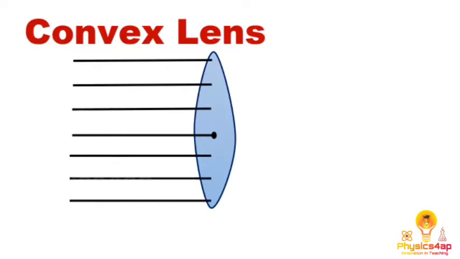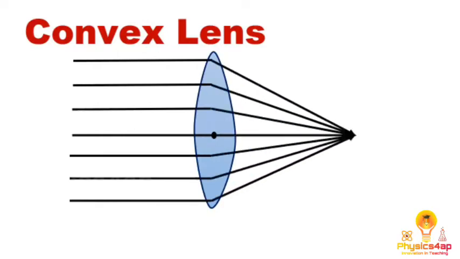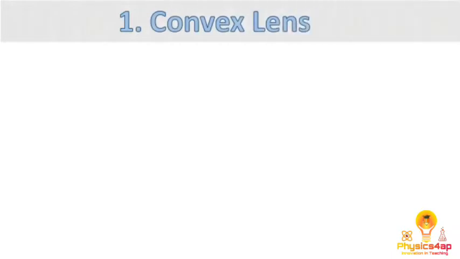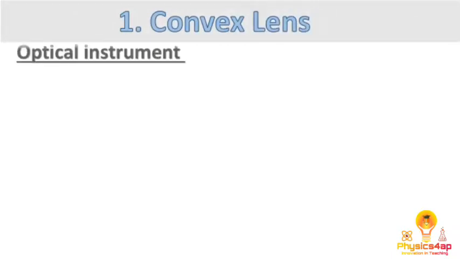When a parallel beam of light passes through a convex lens, it converges and meets at a point called the focus. That is why it is called the converging lens. What are the uses of the convex lens?